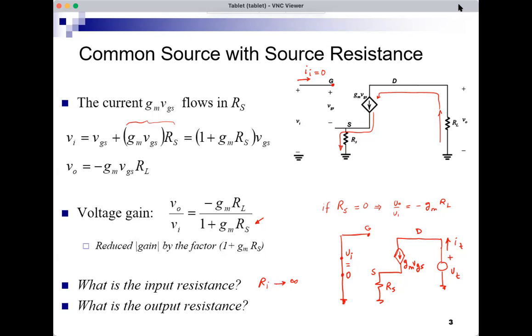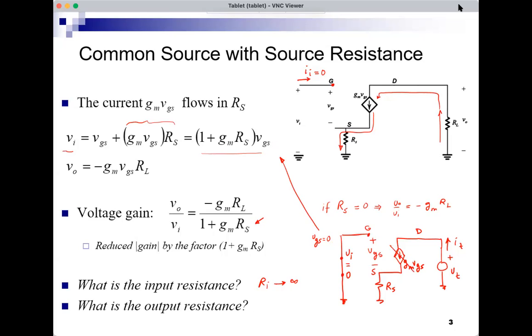Well, if VI is 0, and VI is equal to VGS plus GMVGS times RS, VI is VGS times GMRS plus 1, right? And VI is 0. If I solve this equation, when VI is 0, I get VGS is 0 because GMRS plus 1 is definitely not 0. So solving this equation, 1 plus GMRS times VGS equal to 0 means that VGS is 0.